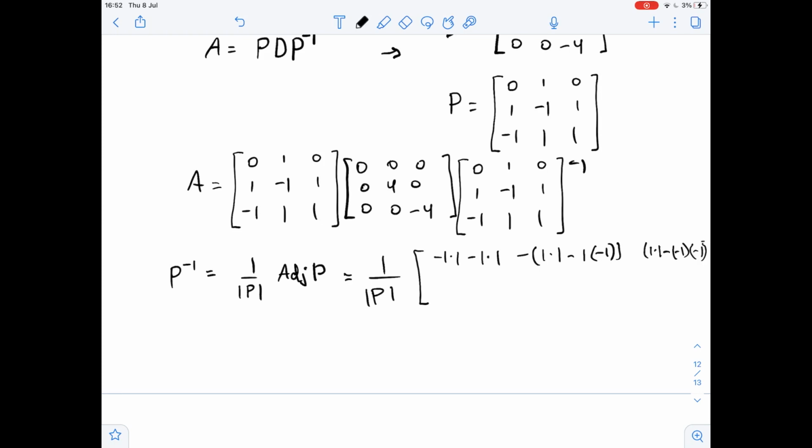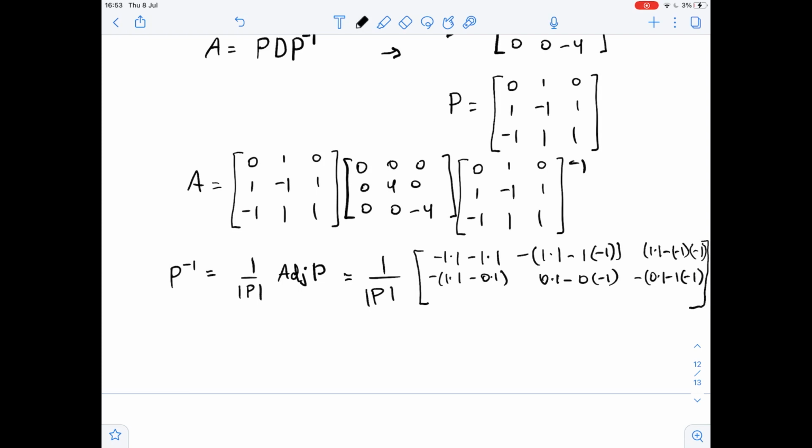Then in the next row we have -1 times 1 minus 0 times 1, next 0 times 1 minus 0 times -1, next -0 times 1 minus 1 times -1.